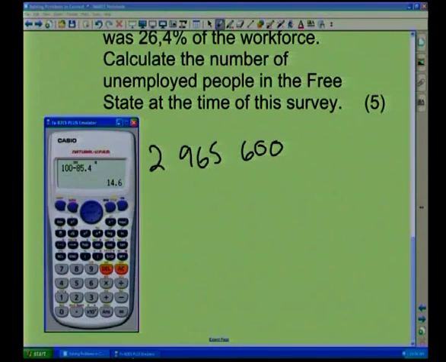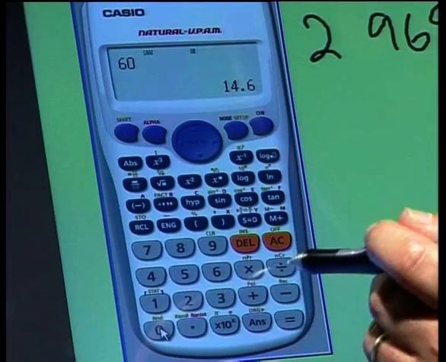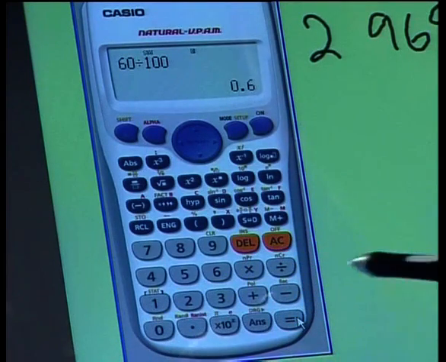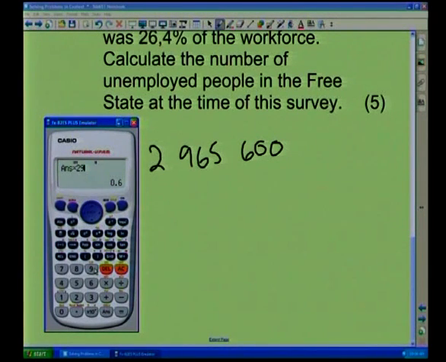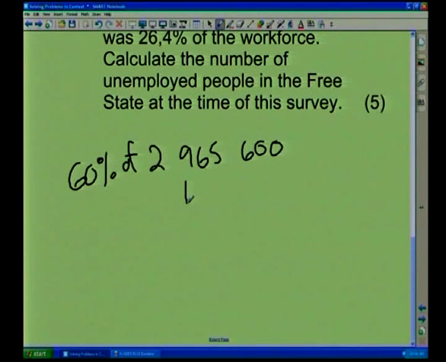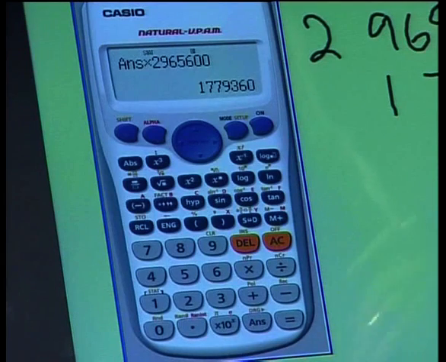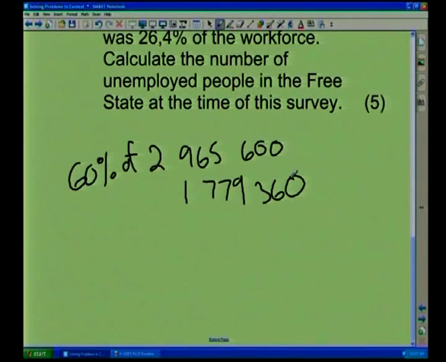So back to our calculator, 60%, so we divide by 100, and again we'll get 0.6 multiplied by 2,965,600. That gives us 1,779,360. So this is the workforce. That's the 60% that we're speaking about.